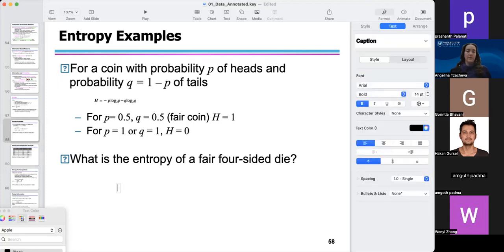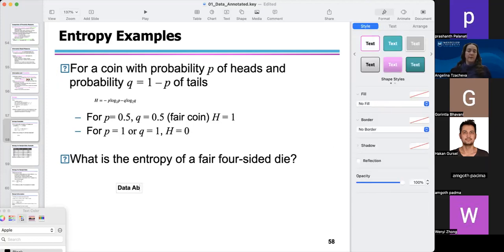So this can be used for data analysis, for building decision support systems, for example, a decision tree.